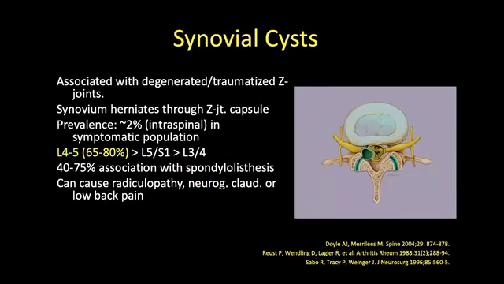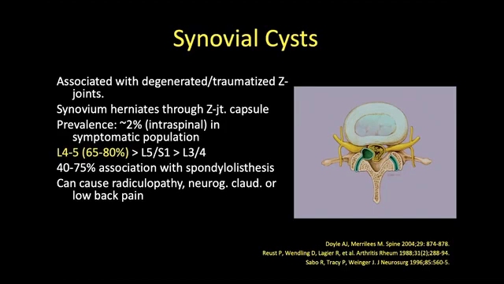We'll talk a little bit about what else can cause radicular pain. So besides disc herniations and foraminal stenosis, we can think of synovial cysts from the facet joint. So these are associated with degenerated or traumatized facet joints. The synovium herniates through the joint capsule.